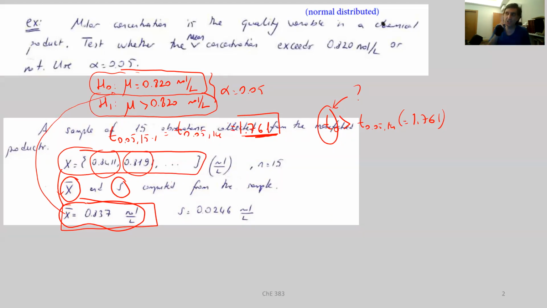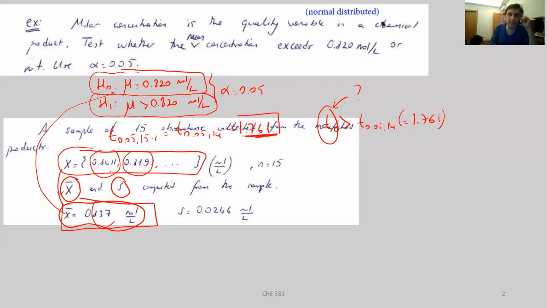But the question, I repeat again, that the hypothesis test is trying to determine is whether that 837 compared to 820, whether that deviation is due only to sampling variance, or we may say due to luck only, due to just random noise, or due to the fact that mu is greater than that value.